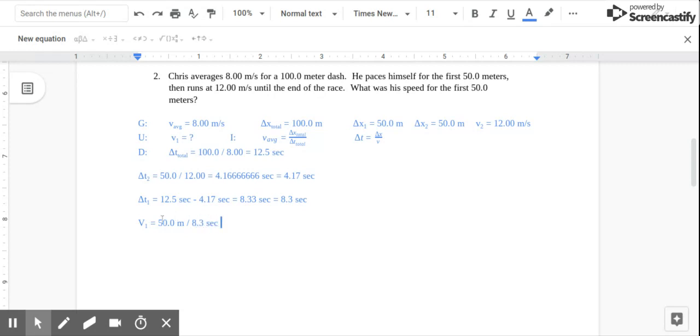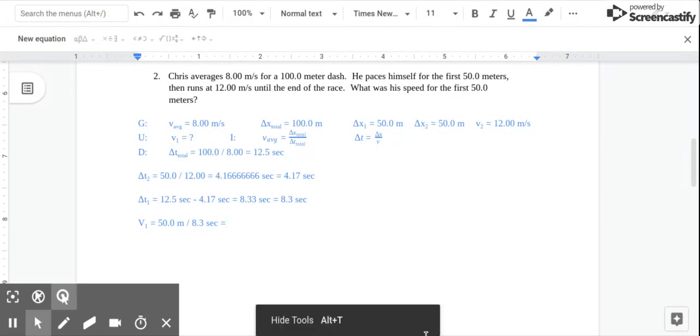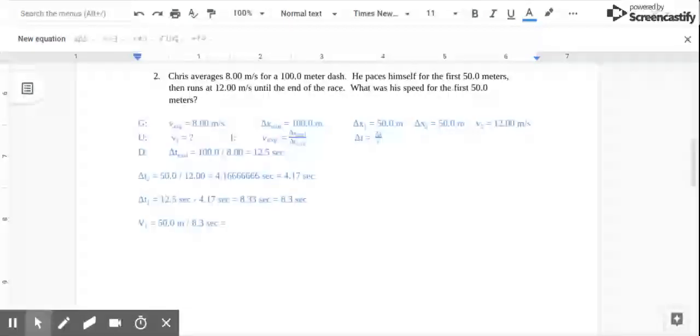We have 3 sig figs here at 50.0 and 2 sig figs here, 8.3, so we're going to round to 2 sig figs. 50 divided by 8.3 gives me 6.024 and so on meters per second. Rounding to 2 sig figs, here are my first 2, 6.0, and the next one is 2, which rounds down, so I just get 6.0 meters per second.